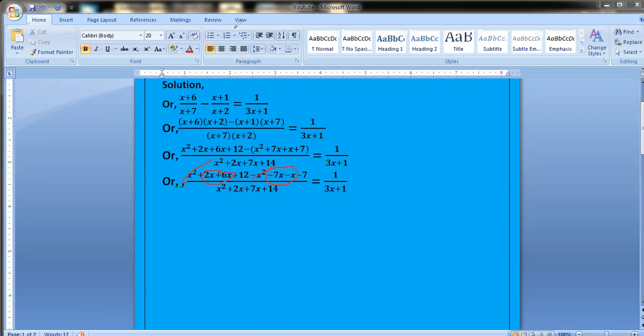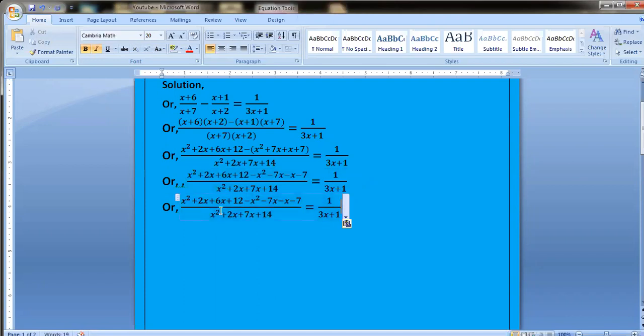What is the remaining term? Let us write that remaining term. Okay, we have to remove that minus 7.